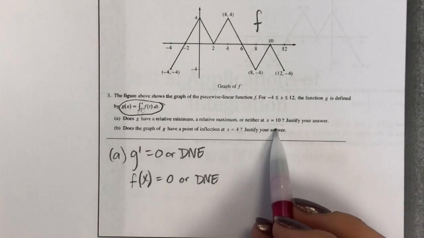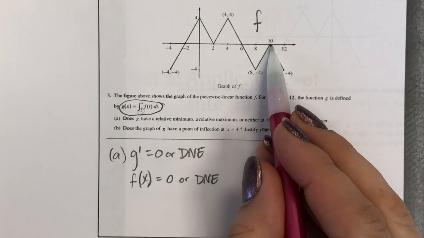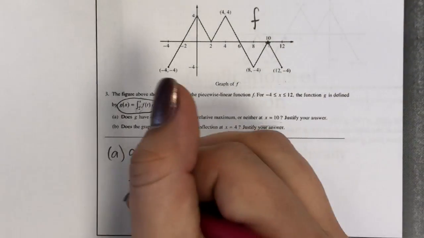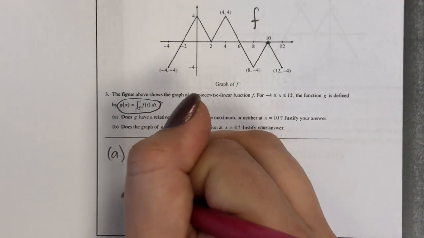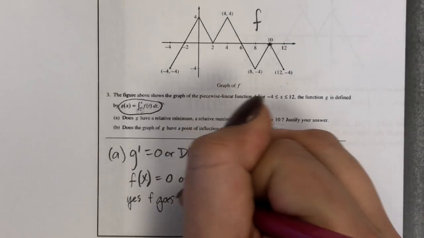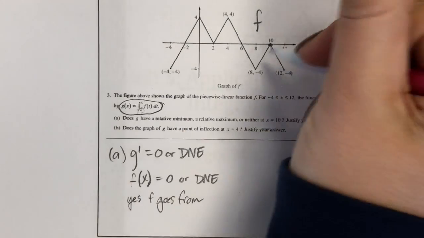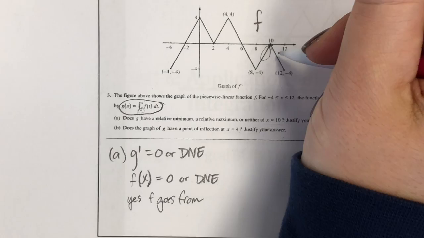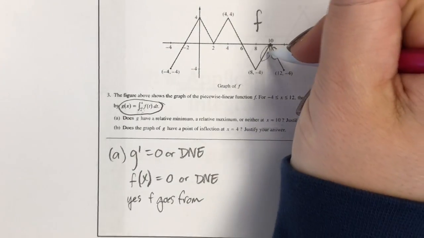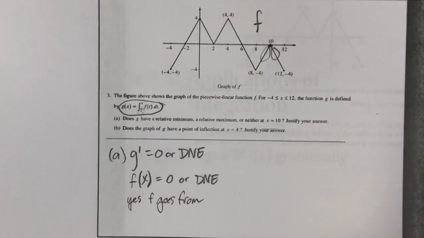So at 10, is it equal to 0? Yes. And f goes from negative on the left to also negative on the right. So f is negative, not f prime, just the y values are negative. It's below the x-axis.